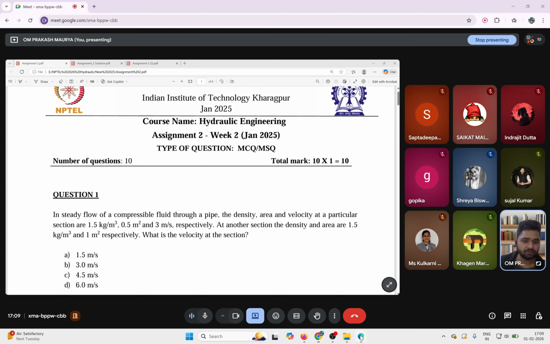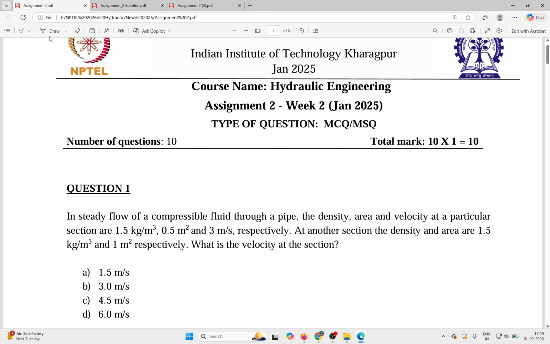Okay, so now I have connected my pen. The pen is visible to all of you. Option A 1.5, option B 3, option C 4.5 meter per second, and option D 6 meter per second. You have one pipe and you have two sections.